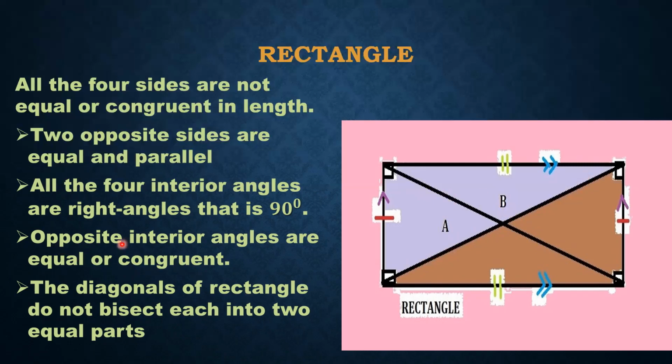Okay, the opposite interior angles are equal. The opposite, we said it, they are equal. And then all the four interior angles are right angles, and that is here. And then the opposite lines are also parallel because when you extend this one in one direction and you extend this one in the same direction within the same distance, these two lines here will never even meet.